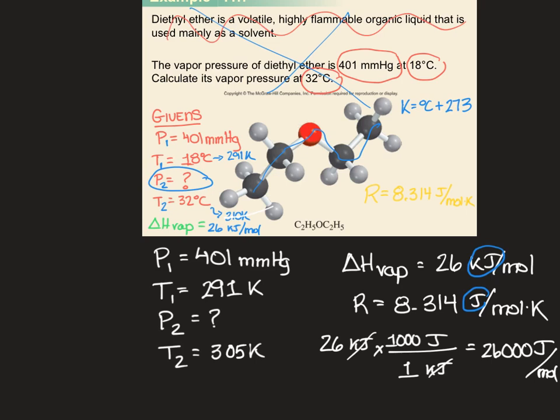So that step, e to the x, just dropped off, got rid of, whatever you want to think about it, the natural log. So leaves the 401 over P2, equals now e to the x on the right-hand side, converts it to a positive, which is good because I can't have a negative pressure.